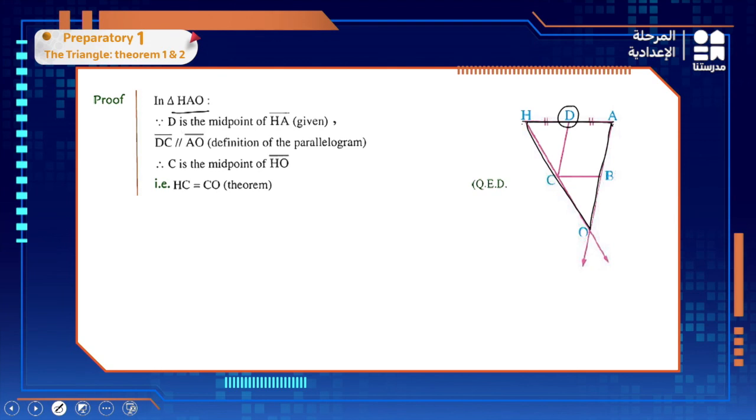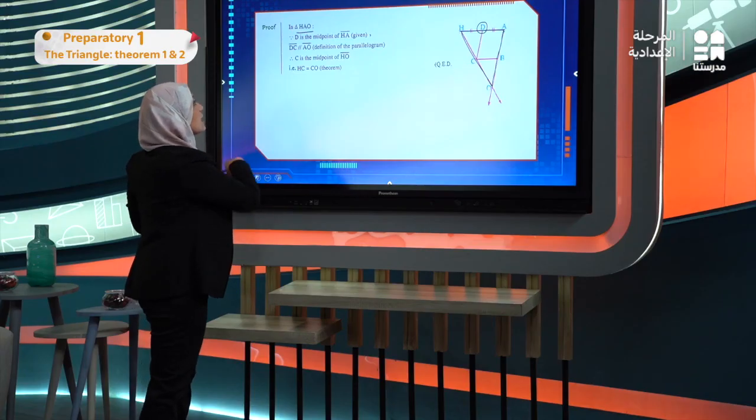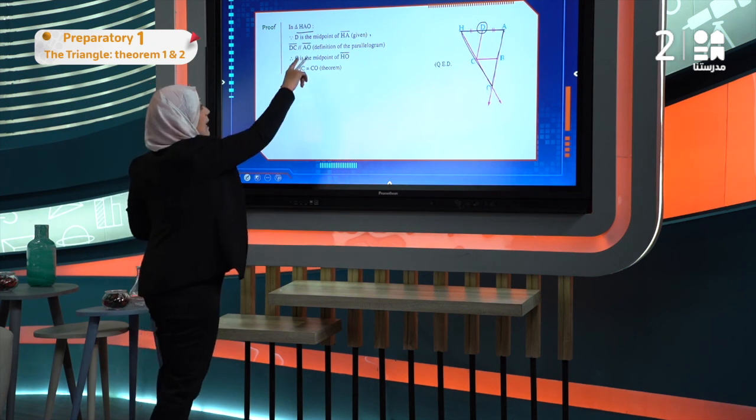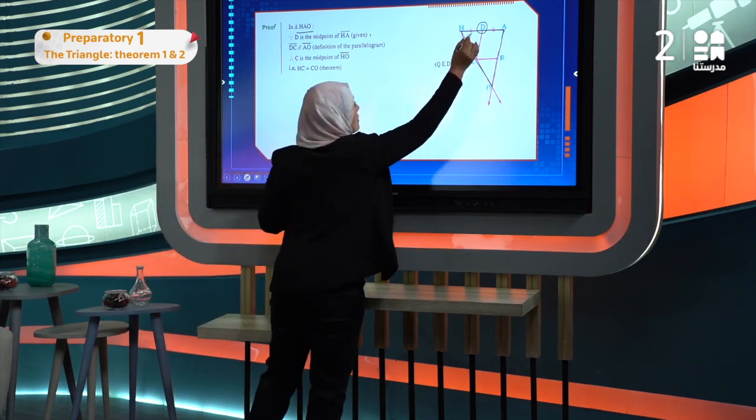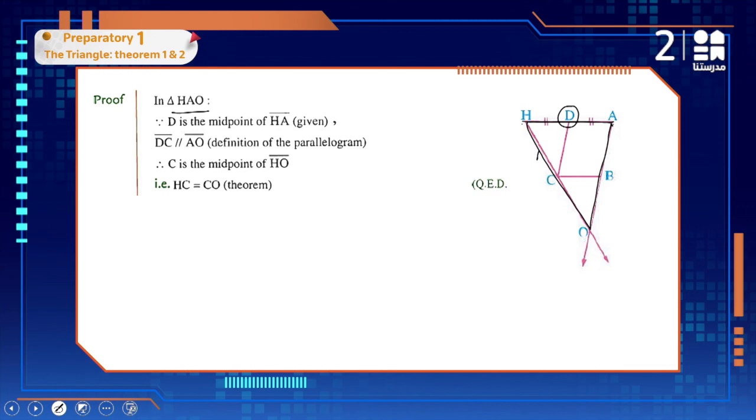This is D. Okay, then DC is parallel to AO. This one, DC, is parallel to AO. Therefore, C is a midpoint of HO. And also, HC is equal to CO from the theorem.